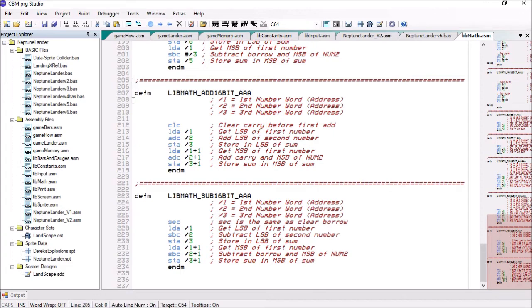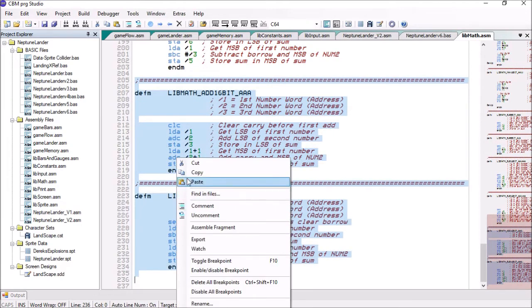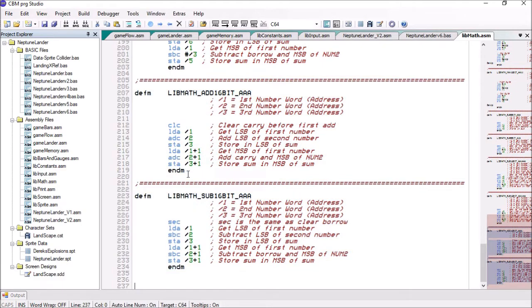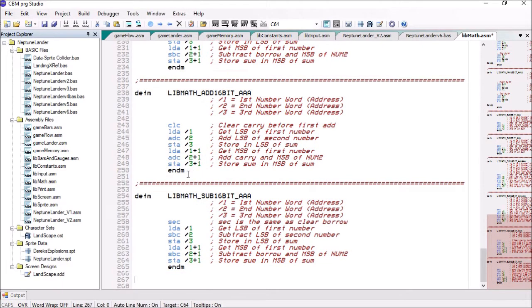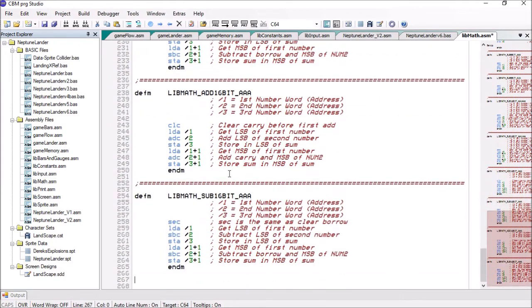Right, so let's get that done. So we'll just copy this. Put that in. There's the 2. So we'll call this 24. And it's the same thing, it's an address, an address, an address.